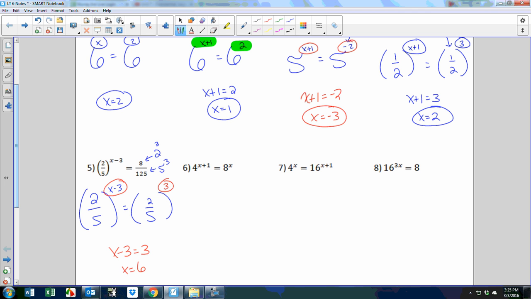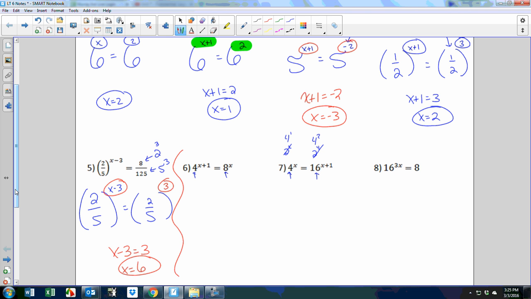So x is 6. The last 3 here are the ones that start to challenge your mental math probably, if the others haven't already. So when you're thinking 4 and 8, think 2 squared, 2 cubed. When you're thinking 4 and 16, you can think 2 squared and 2 to the 4th, or you can think 4 to the 1, 4 to the 2.